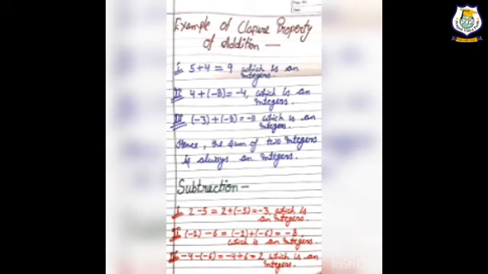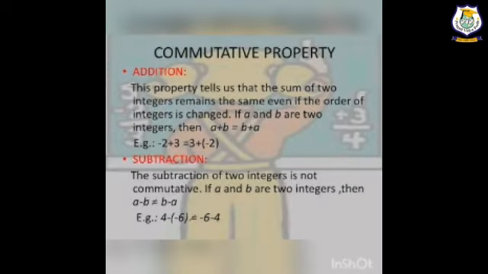Here, the first is a negative integer and the second is a positive integer. If we are subtracting these two integers, we will also get the answer as an integer. In the third example, we will take both integers as negative integers, and if we are subtracting them, we will again get the answer as an integer.